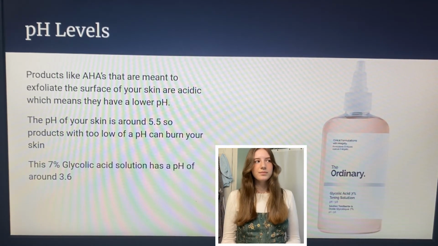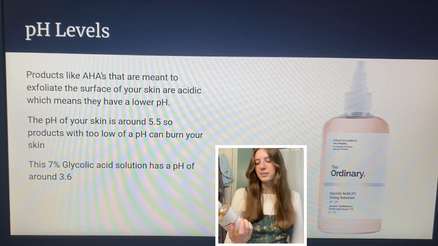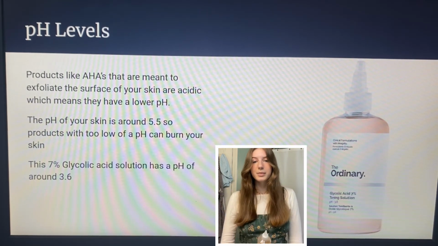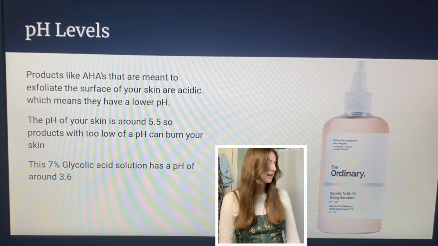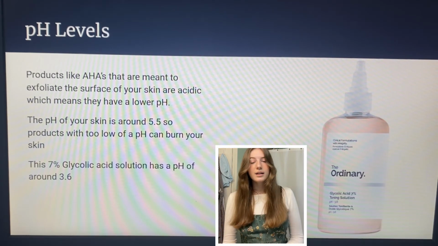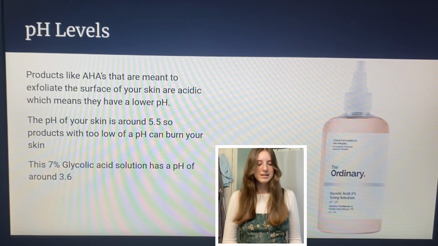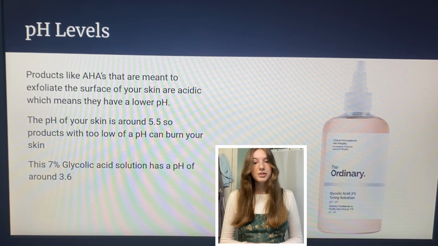And this is the stuff where it even has a warning on the back about sunburns if you're not using sunscreen. But around 4, maybe a little bit less, it's perfectly fine for your skin. But if it's too low, then it could cause serious burns to your skin. So that's why usually you won't see anything less than about 3.5.